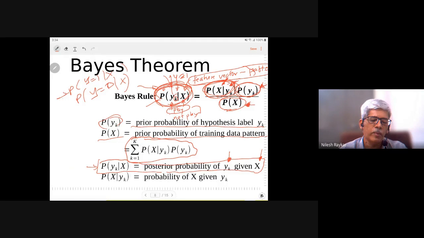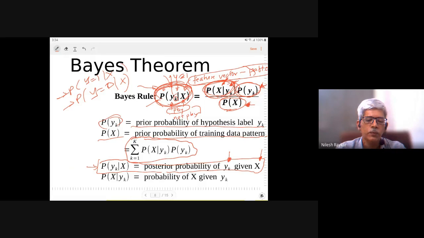Whichever probability is higher, that is the label we will give. Suppose the probability of playing tennis is higher; then we will say that for that particular x feature vector, the label is y equal to 1, or playing tennis.